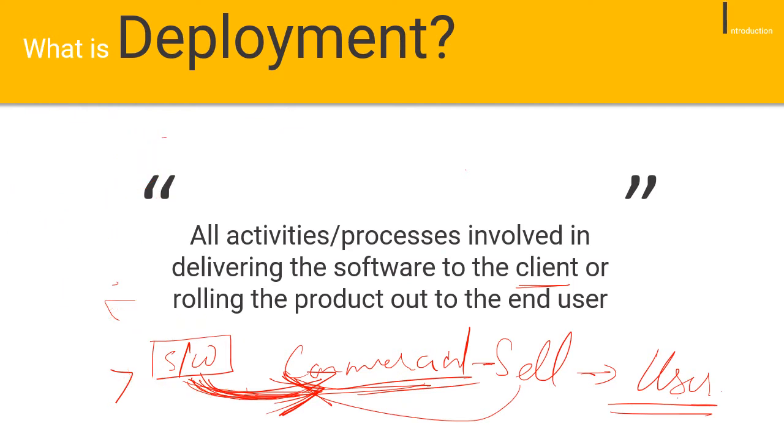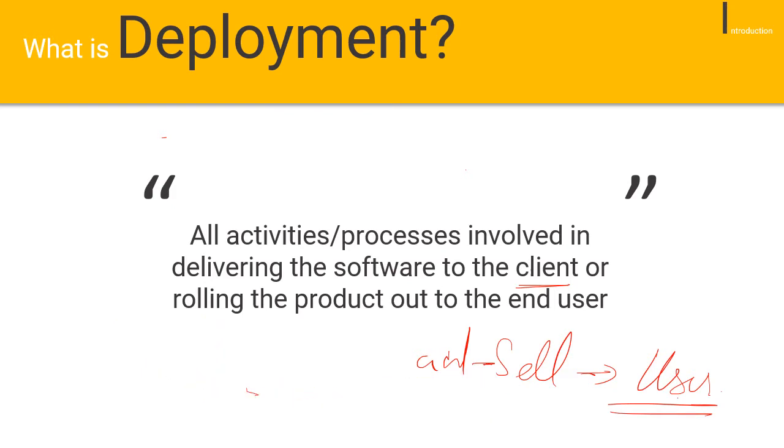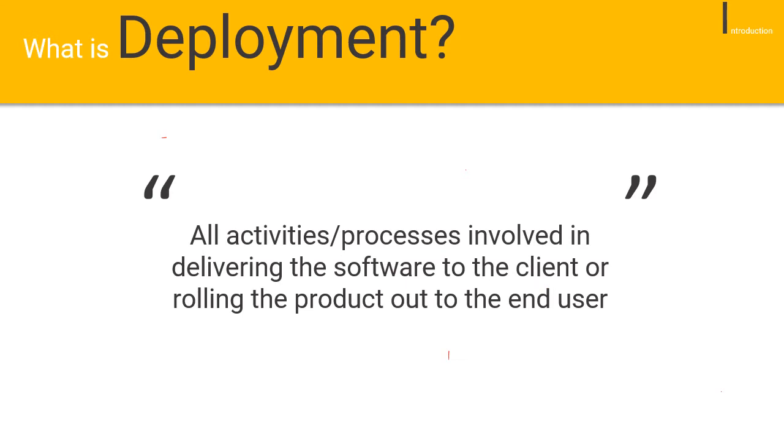Let's talk about the definition of deployment. As you can see from the definition, it includes all activities involved in delivering the software to the client. Forget the second part; we'll talk about this later. We'll talk only about the first kind of software here, where we have a client.